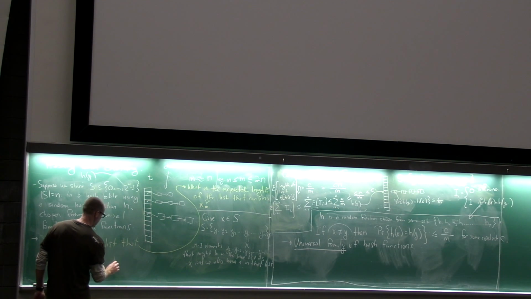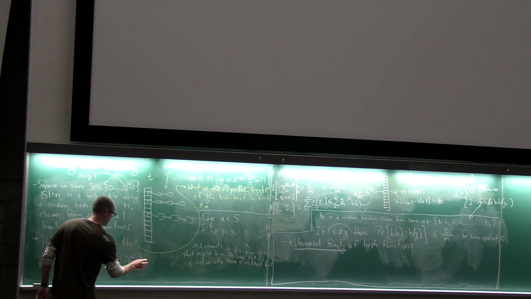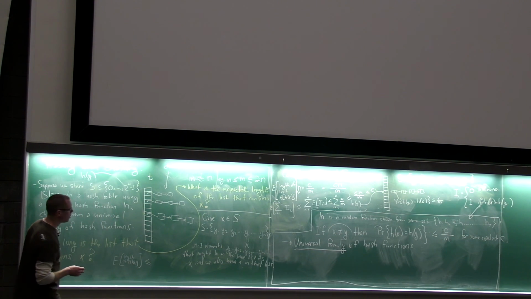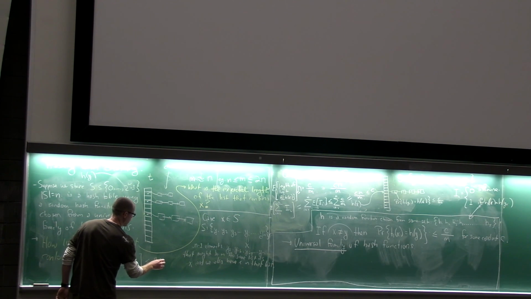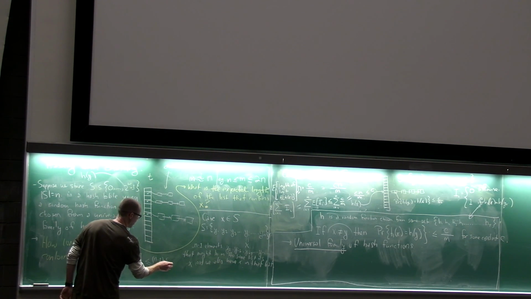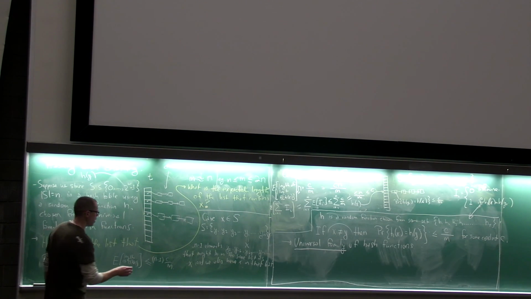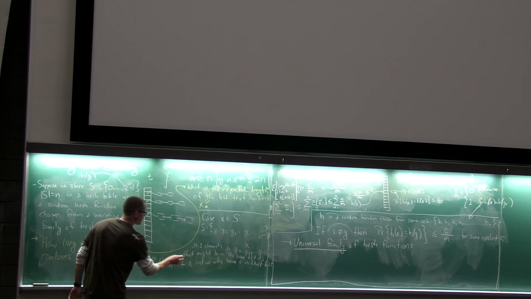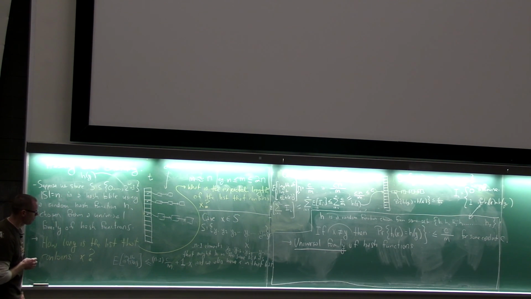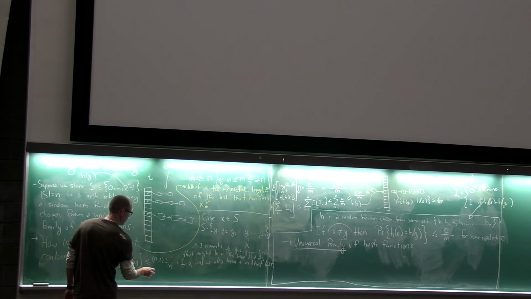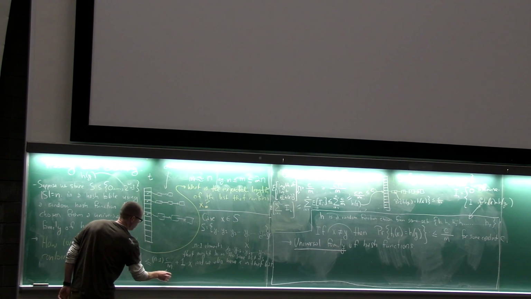And then you just do the same thing. So the expected number of elements in the list with x is less than or equal to n minus 1, each of those elements, times c over m. And then we shouldn't forget that x itself is in that list, so we get a plus 1. And with our assumptions, n minus 1 over m is smaller than 1, so this is less than or equal to c plus 1.